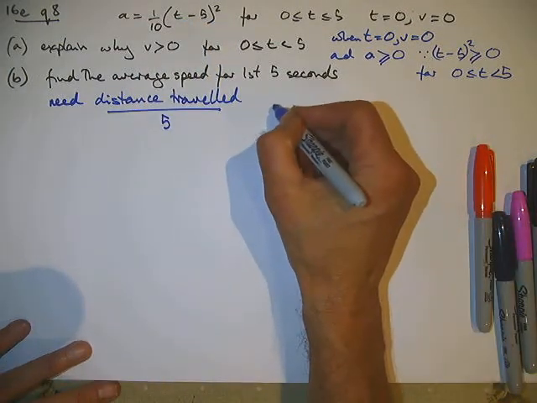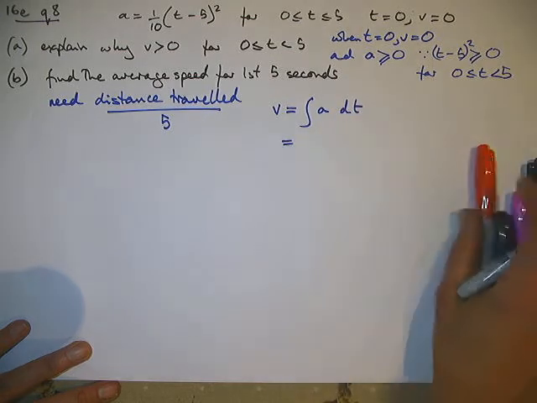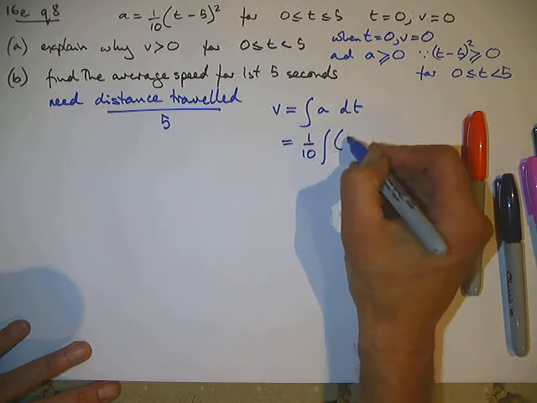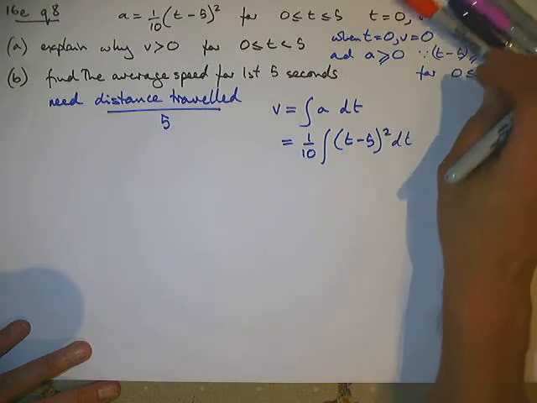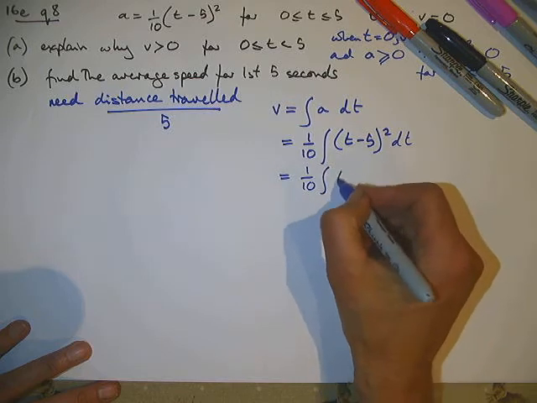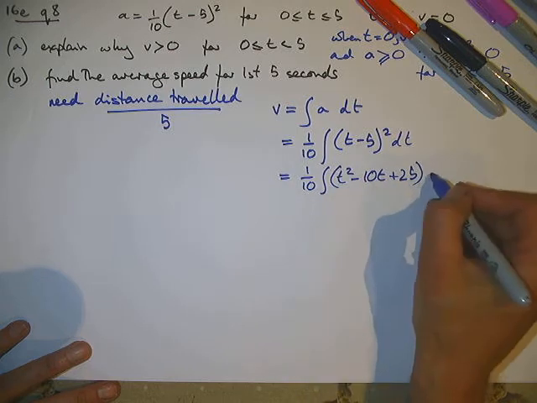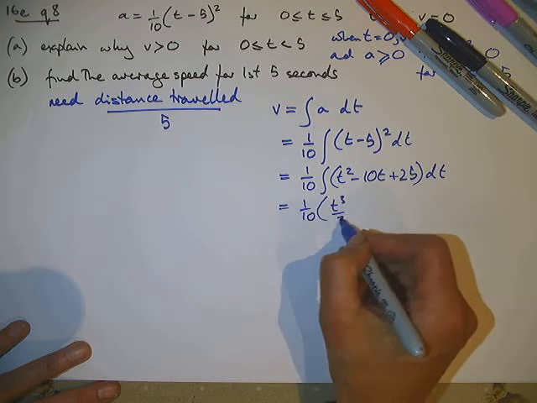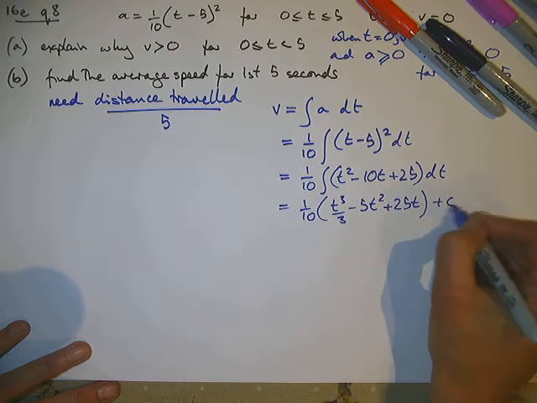So we get that v is the integral of a dt, which in this case is going to be, I'm going to put the 10th outside, integrate t minus 5 squared dt, which is a 10th of t squared take 10t plus 25 dt, which is a 10th of t cubed over 3, take 5t squared plus 25t plus c.